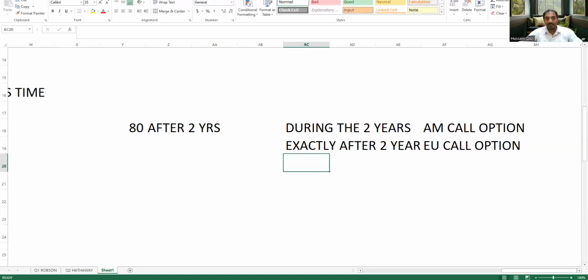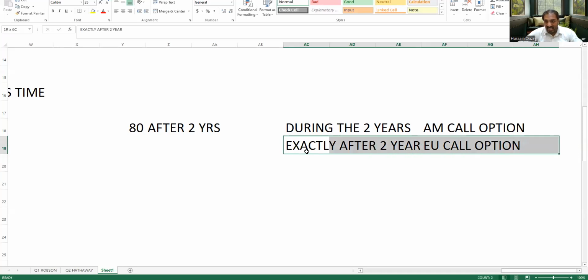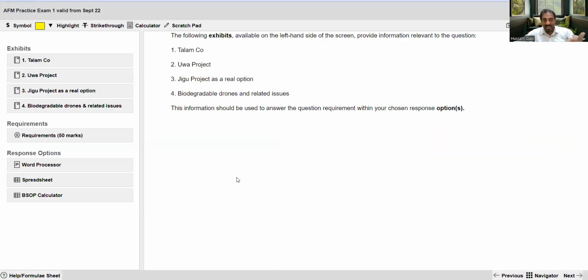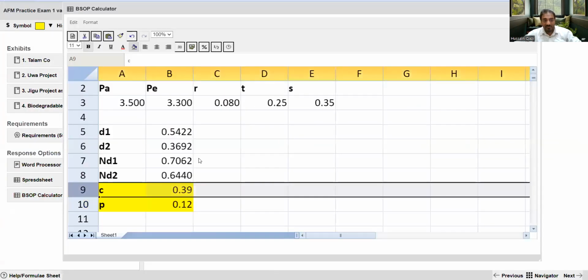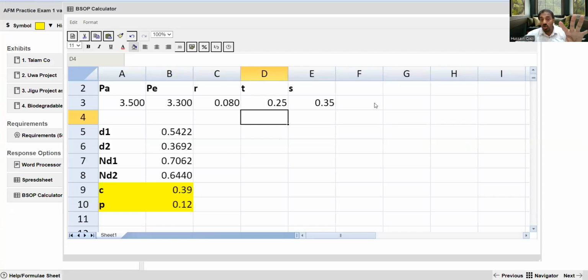Do remember that we are discussing only the European call option. The BSOP model assumes that the complete mathematics of this formula is based on European call options.